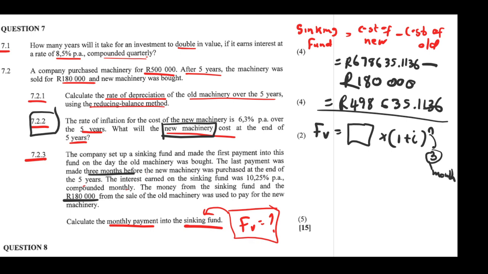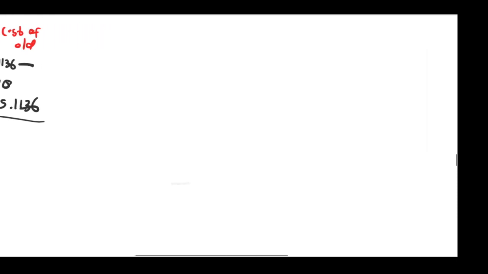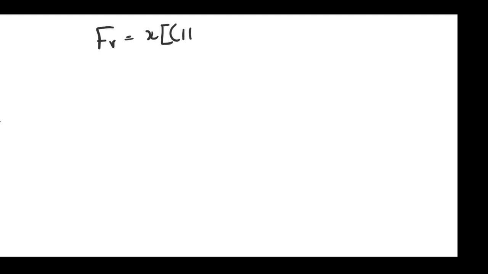So if you paid before, then you're just going to multiply that out. So this is what you're going to do. Actually, let me do it on the other side so that we see clearly. So you're going to have FV is equal to x into 1 plus i to the power of n minus 1, right?